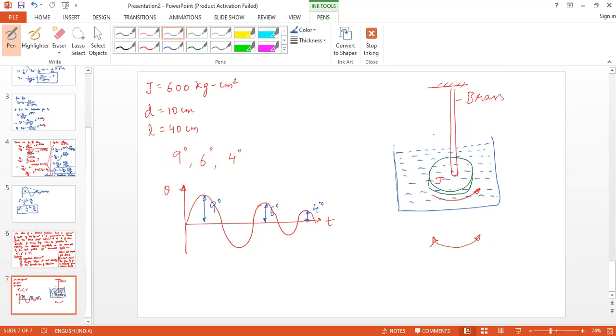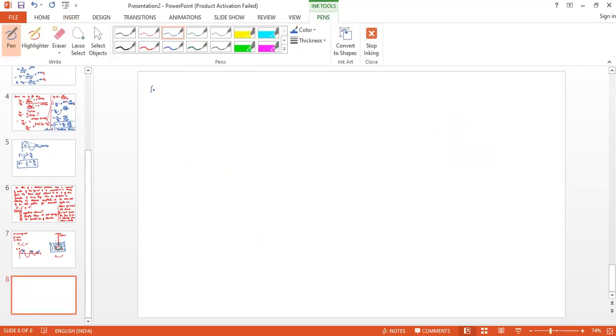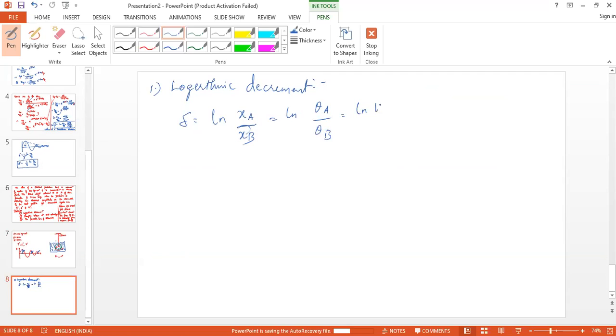So first, we need to find out number one, the logarithmic decrement. Logarithmic decrement is given by delta, that is equal to ln of xa by xb, or ln of theta a by theta b, or ln of theta 1 by theta 2.